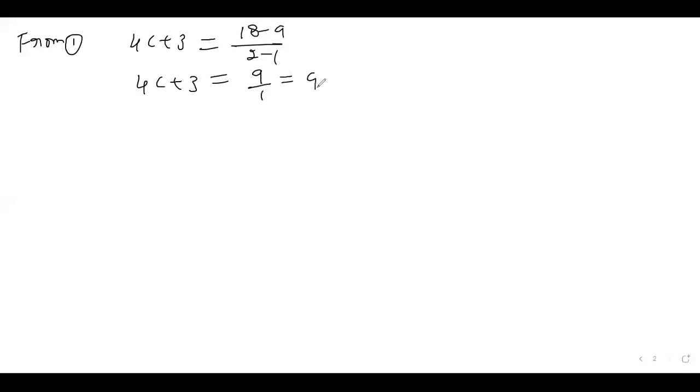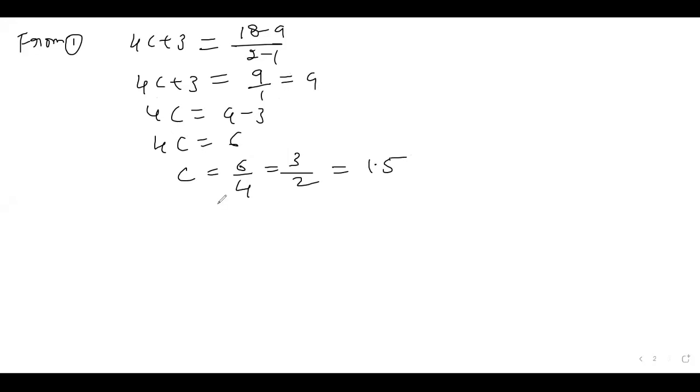That's simply 9. Therefore, 4c equals 9 minus 3, so 4c equals 6. c equals 6 by 4, that equals 3 by 2, which is 1.5.